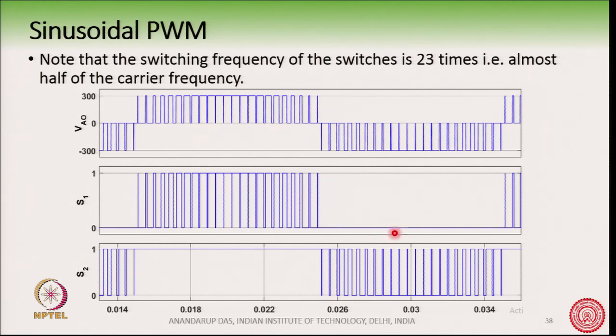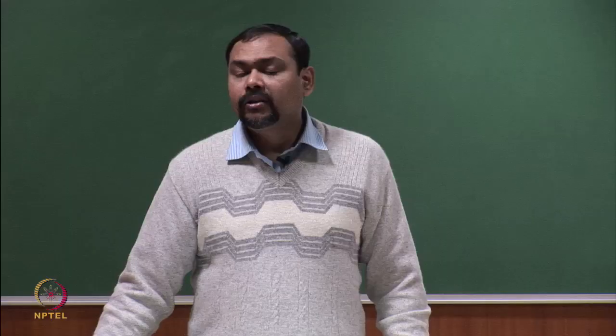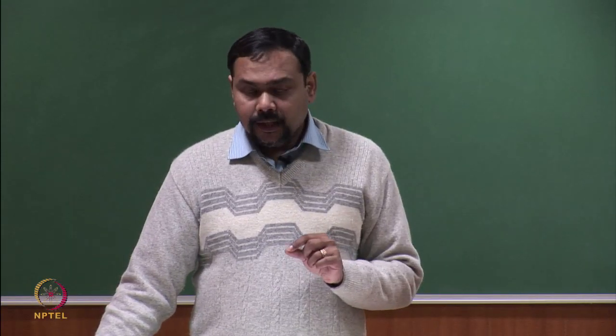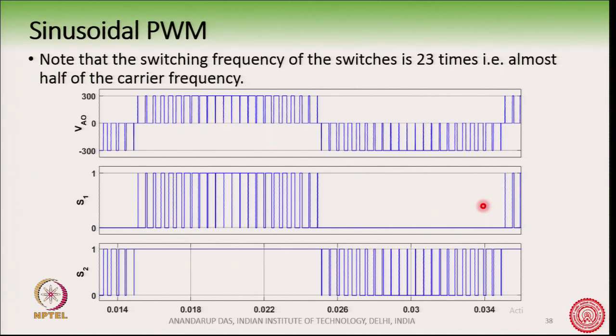So, in this one fundamental cycle, the switch S1 is given a gate pulse which is turning on and off 23 times. So, the switching frequency of this particular switch is almost half the carrier frequency.